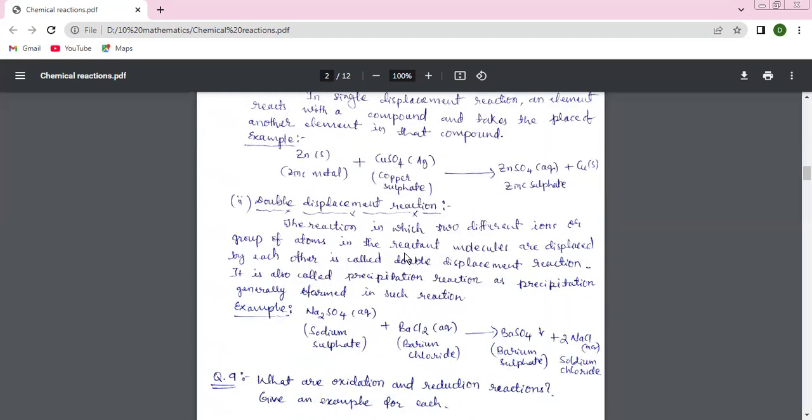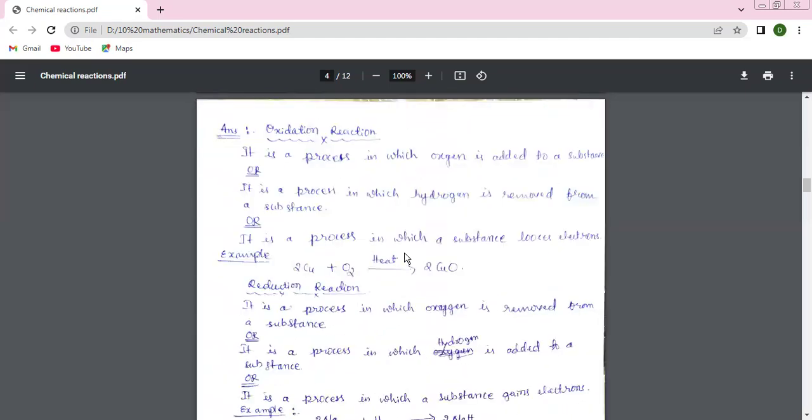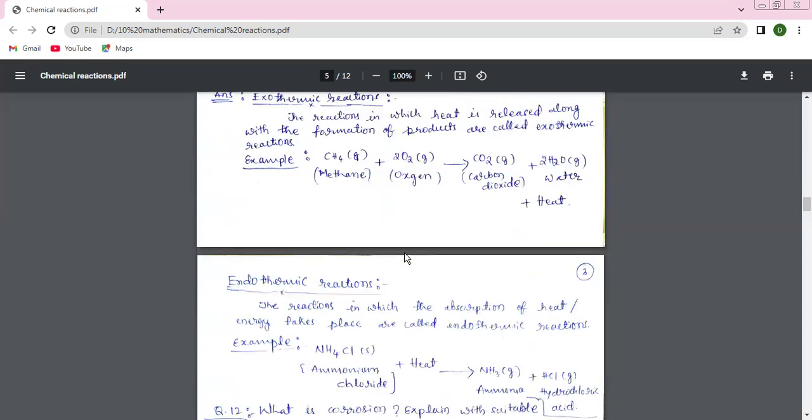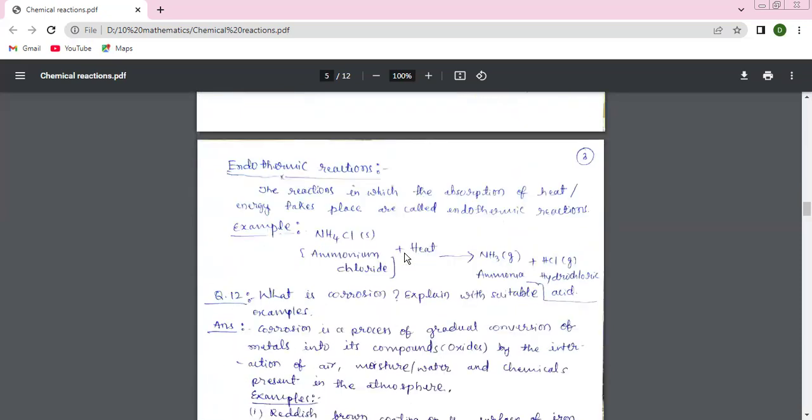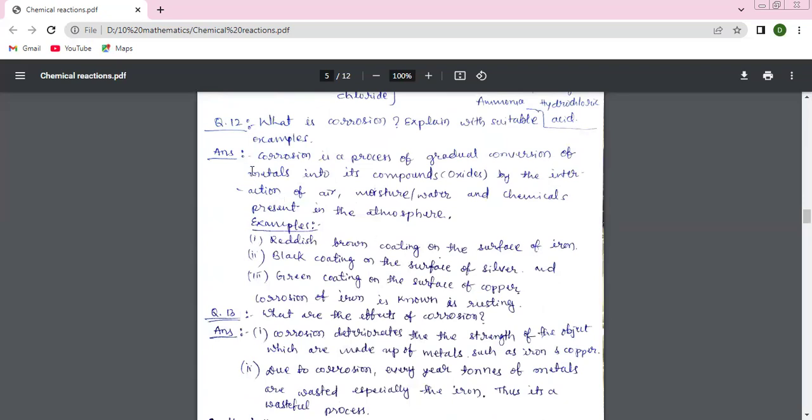And in the next session, I am going to start the new topics of the same chapter. I will start from this: what is corrosion? Some other portion of this chapter we will cover in the next session.